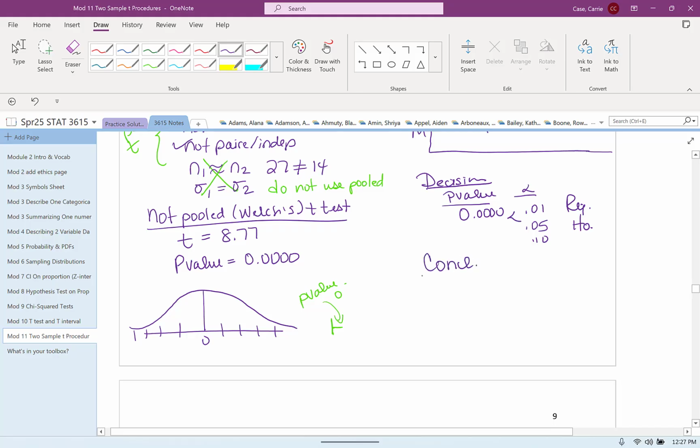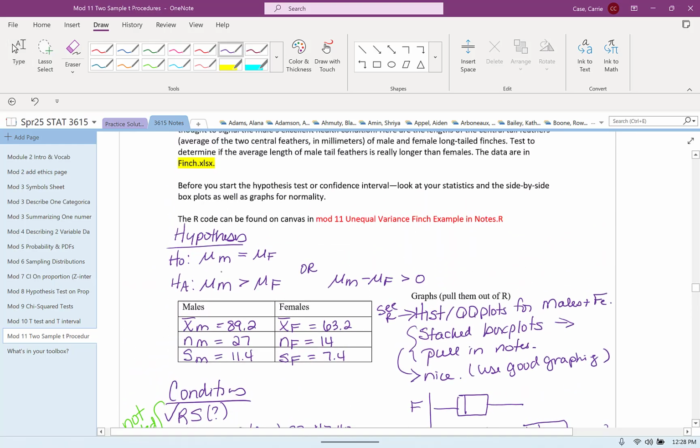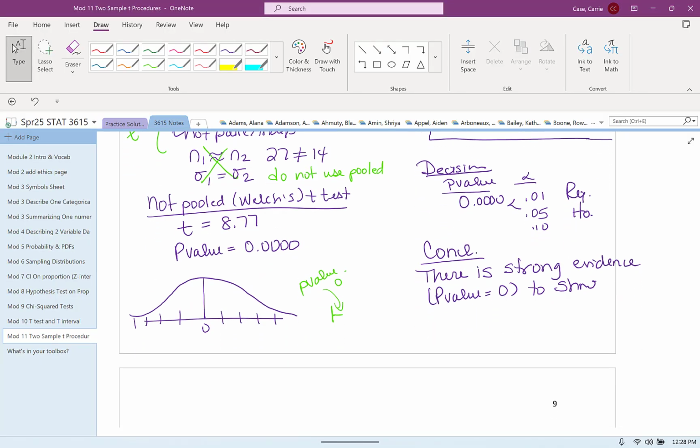And then our conclusion then is there is strong evidence, because our p-value is 0, to show, and I'm going to go back and look at my hypotheses, that the mean tail feather for males is bigger than the mean for females. All right, that's it for this lesson.